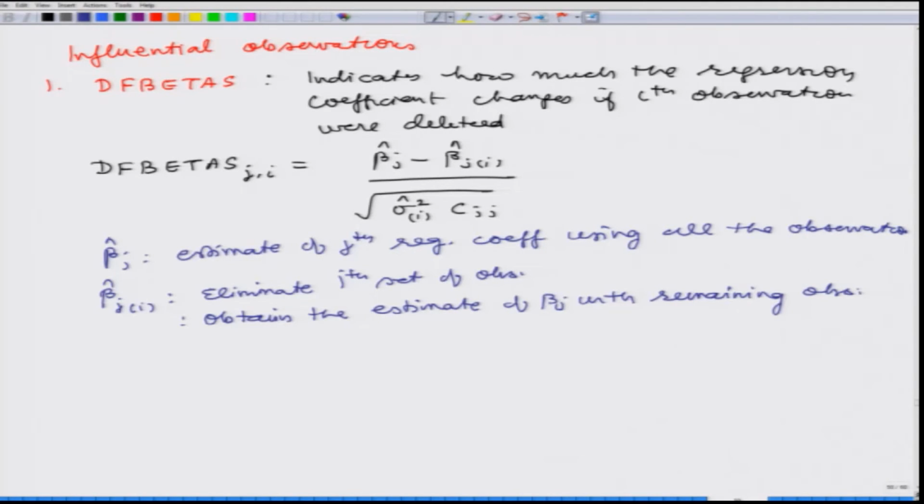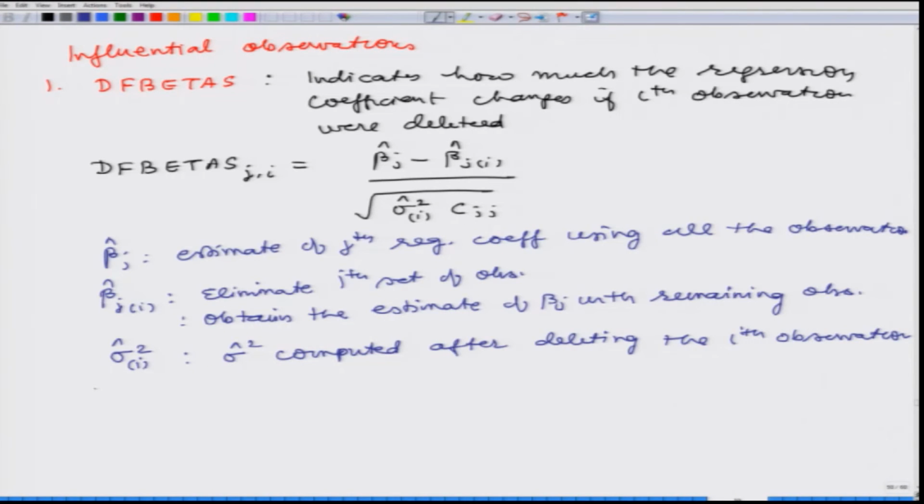Similarly, sigma square hat(i) is the value of sigma square hat computed after deleting the ith observation.